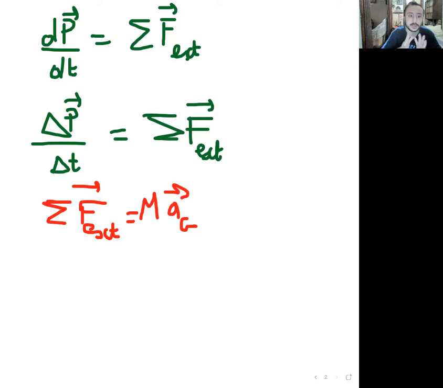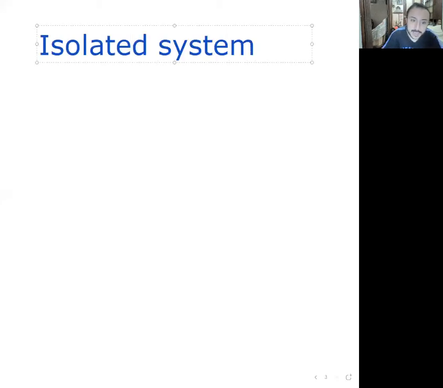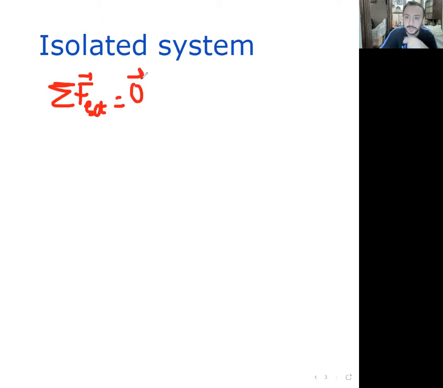Now, the conservation of linear momentum, we can see it in different cases. First, if we have an isolated system. In this case, there are no external forces, so we can say that sigma f is equal to 0. We put a vector over 0 because the forces are also vectors. So a sum of vectors is also a vector.